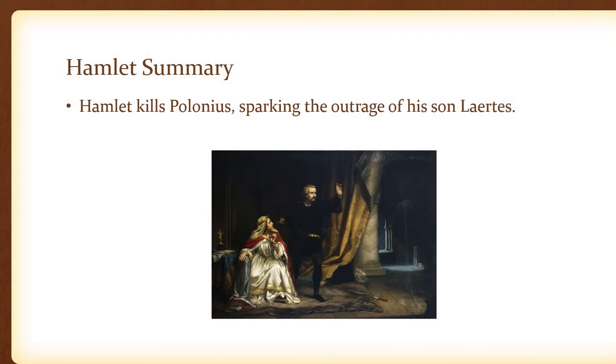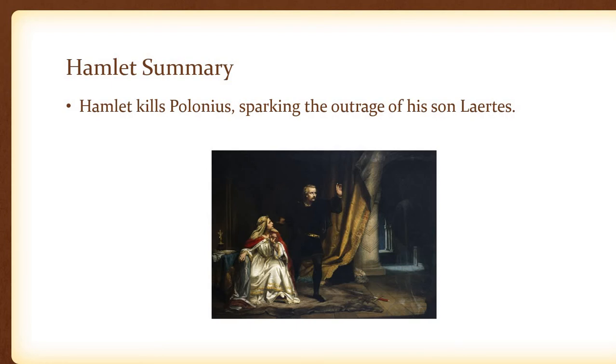So he kills him by accident, and Polonius was in fact eavesdropping. He shouldn't have really been there. But this is kind of who Polonius is. He's someone that likes to eavesdrop and likes to play naive, but really he kind of knows what's going on everywhere. So he kind of pays for that sin, and Hamlet in fact stabs him to death.